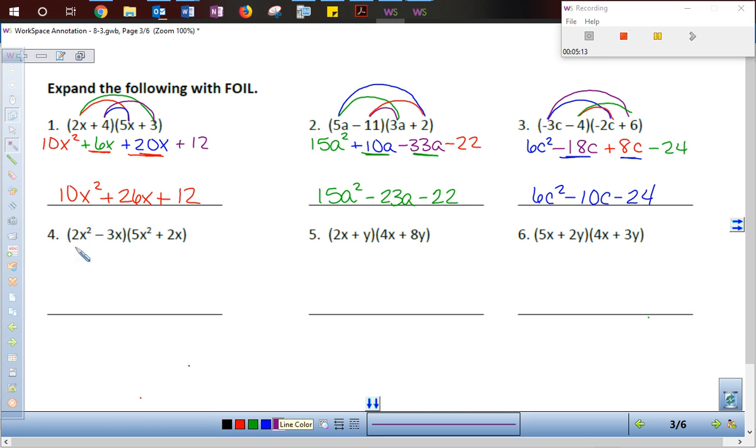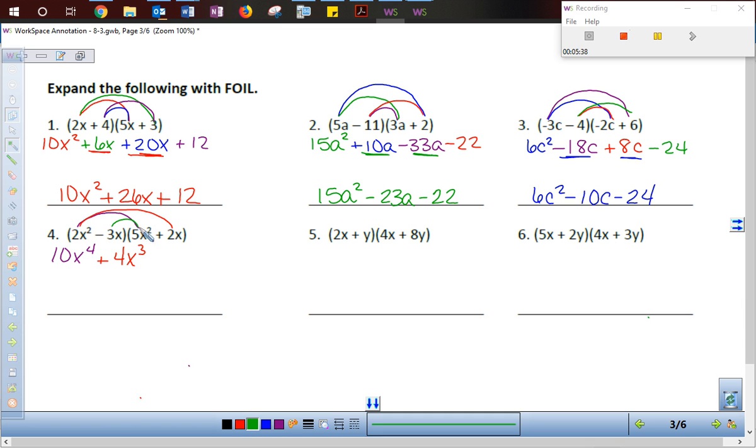Now on number 4, it looks a little different because I have x squareds and x's involved, but the process is still the same. We need to start with first, outside, inside, last. So first gives me 2x squared times 5x squared, and that is 10x to the fourth. Outside is 2x squared times 2x, which gives me 4x to the third.